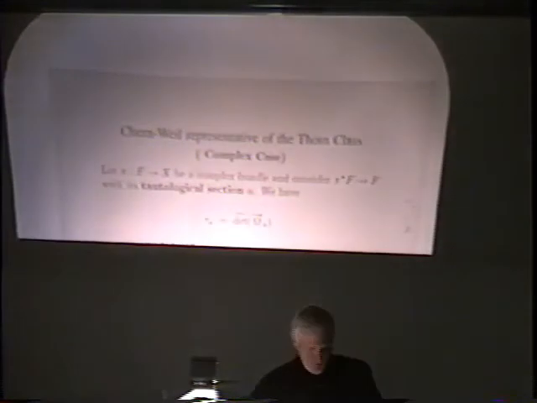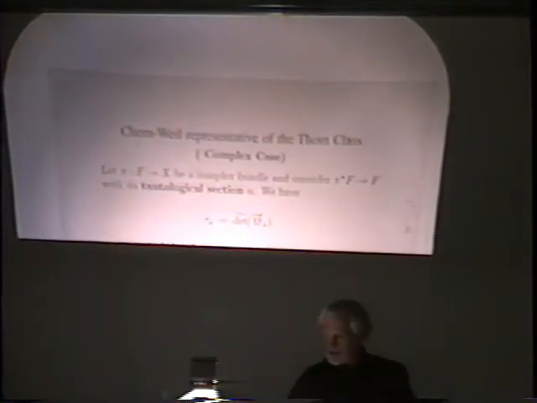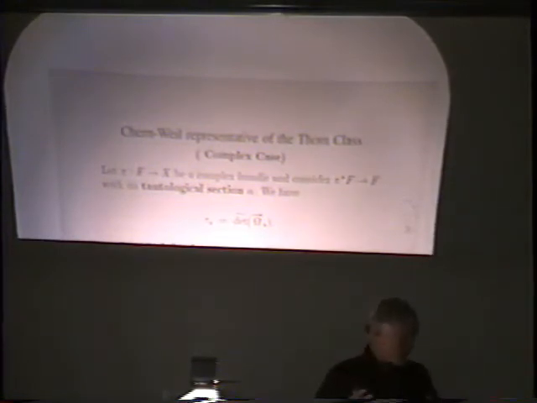Look at F, a vector bundle over X, and lift the bundle back over itself. So if you take a bundle and pull it back over the total space of the bundle itself, there's a tautological section. The point at the base is an element in the fiber, and so you have this tautological section. It vanishes on the zero section.